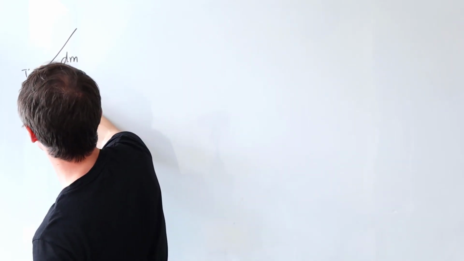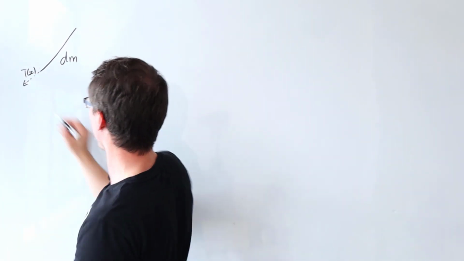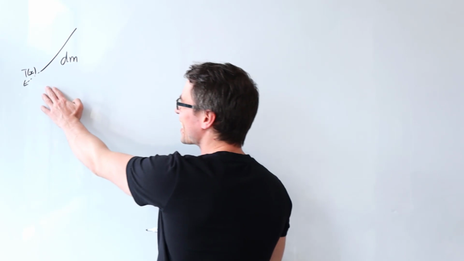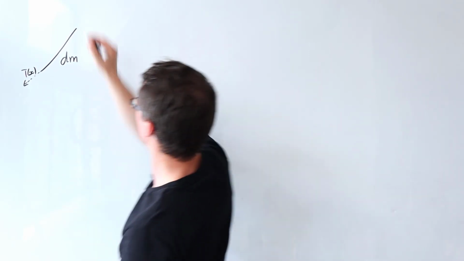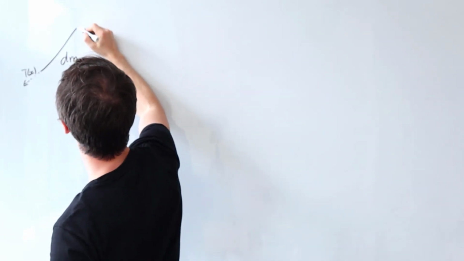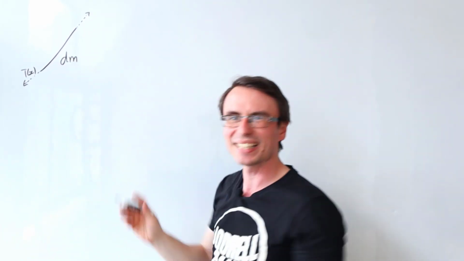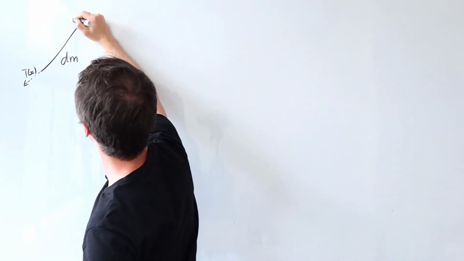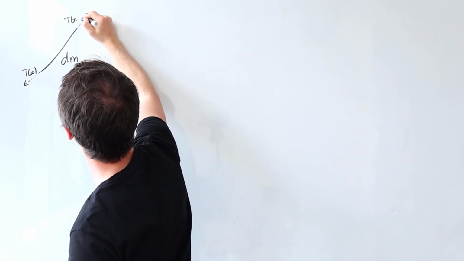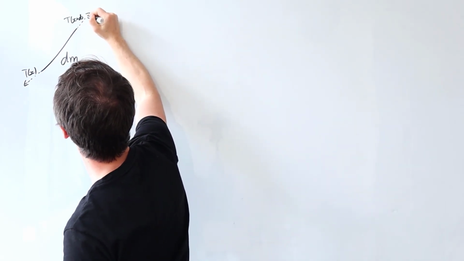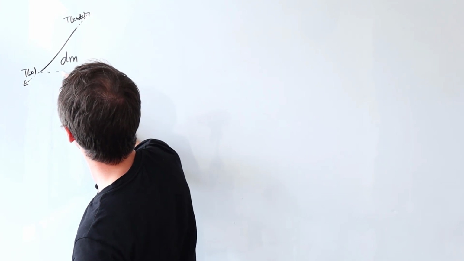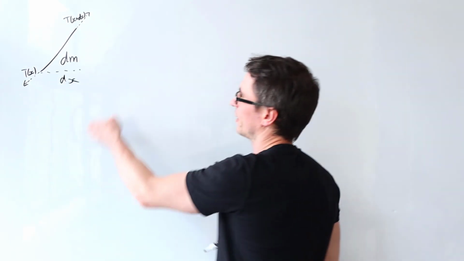I'm gonna call that T at some coordinate x, and then a little bit further to the right we're going to have another vector which is going to be acting this way, and the tension might be a little bit different, so I'm going to call that T of x plus dx, where dx is essentially just this distance across here.